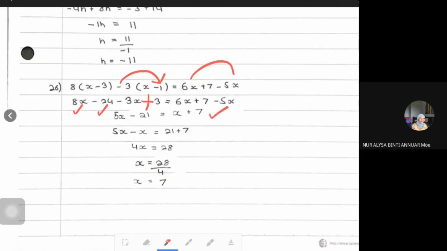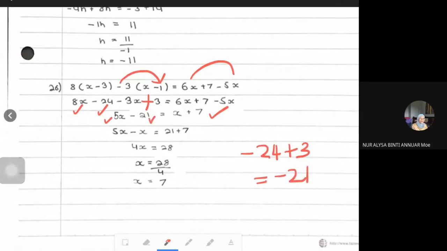So on the left side, 8 minus 3 is 5. Okay, correct. This one is correct. Minus 24 plus 3 equals negative 21. It means the one above is correct.